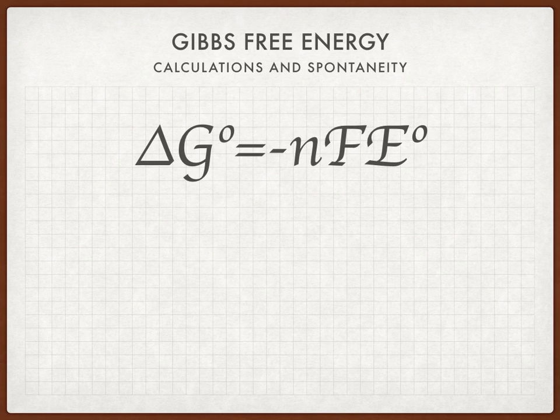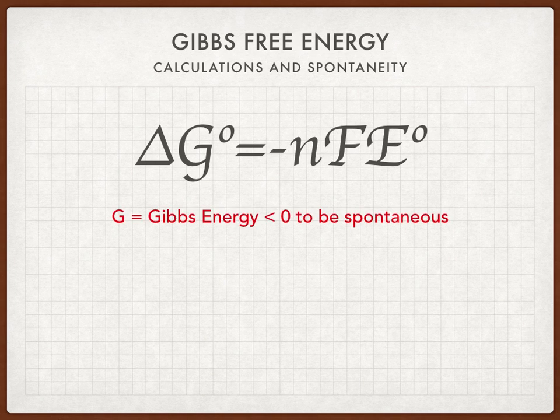When looking at voltaic cells, you will use the equation delta G equals negative nFE to determine its spontaneity. G equals Gibbs free energy, which must be negative for the reaction to be spontaneous. n equals the number of moles of electrons.